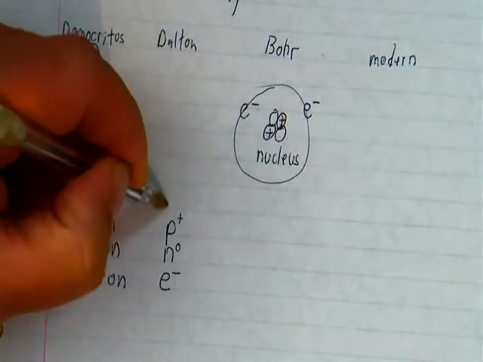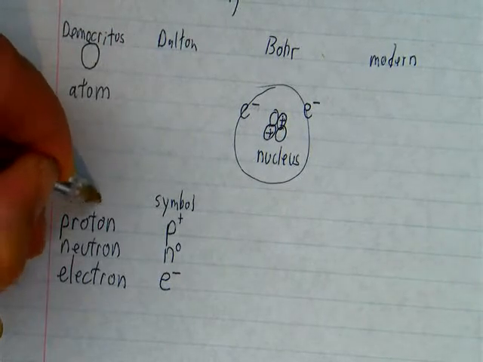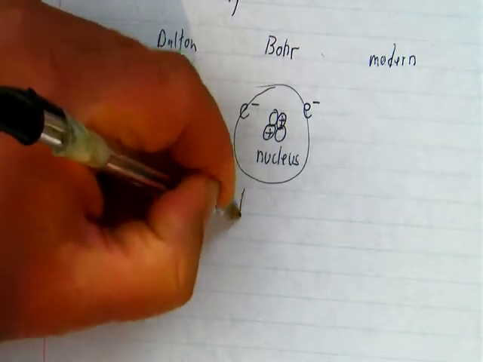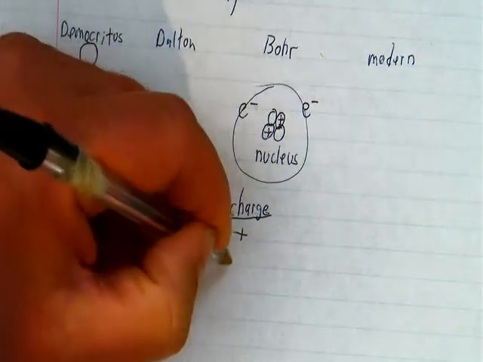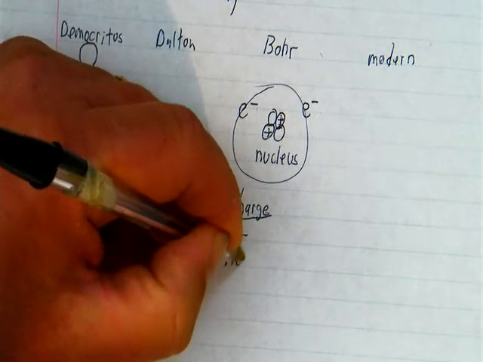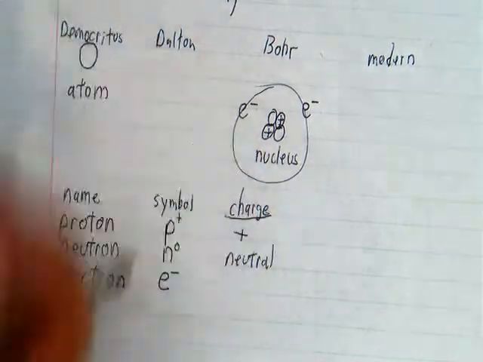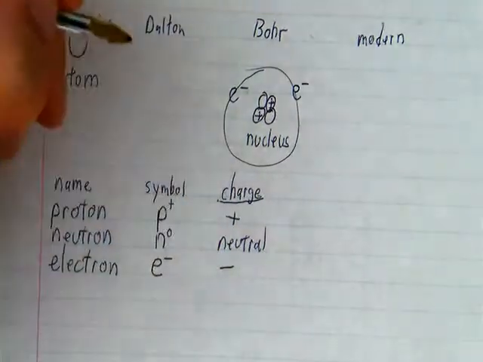And so this is the symbol. This is the name. The electric charge would be the same as what you see here. So positive. I'll write the word neutral. This is why they're called neutrons, because they have neutral charge. And then negative for the electron.